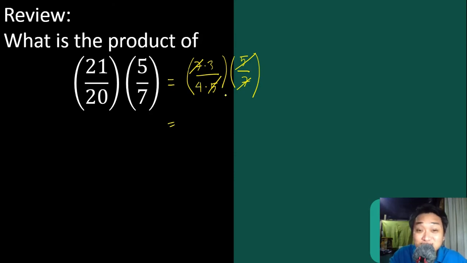Instead, parang sinisimplify natin siya. Okay? Sige. Now, ano na lang yung natira? Ang natira na lang po is 3 over 4. And that is the answer. So, imagine kung minultiply pa natin si 21 times 5, 20 times 7, lalaki lang yung number. Instead, you can factor them and then immediately cancel out those common factors.